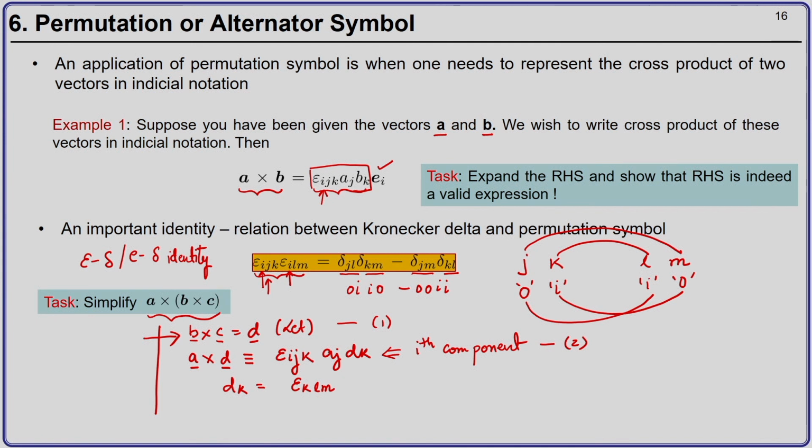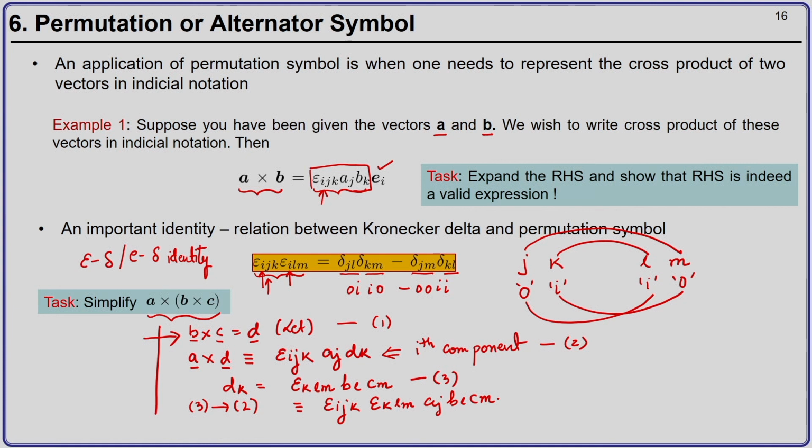So, this becomes epsilon k l m B l C m. Using expression 3, now I can put it in expression 2. So, what I get is epsilon i j k epsilon k l m A j B l C m.